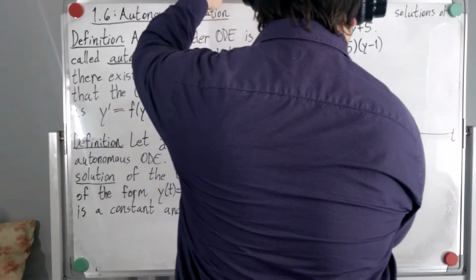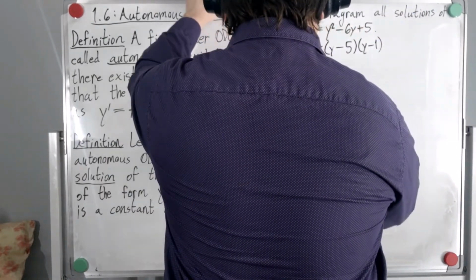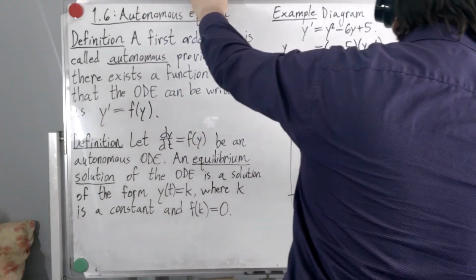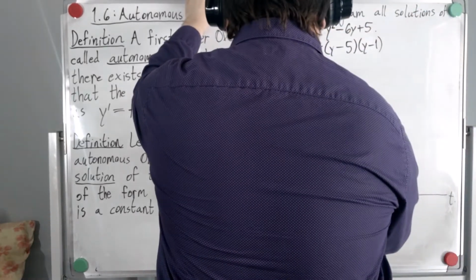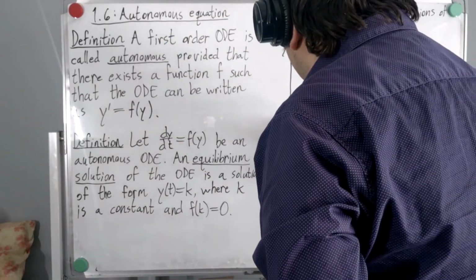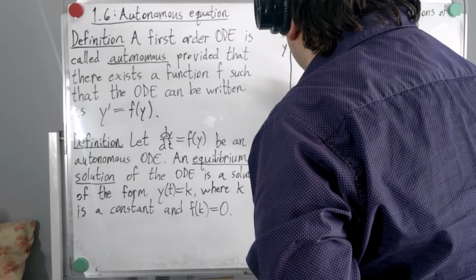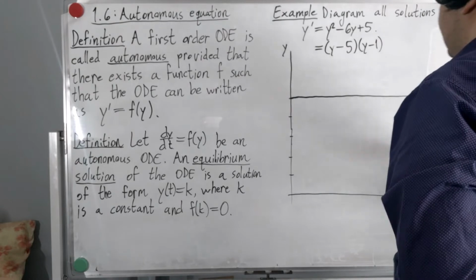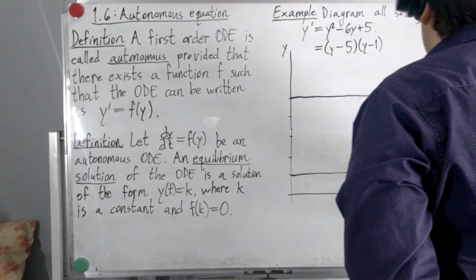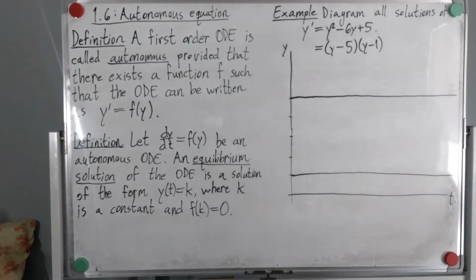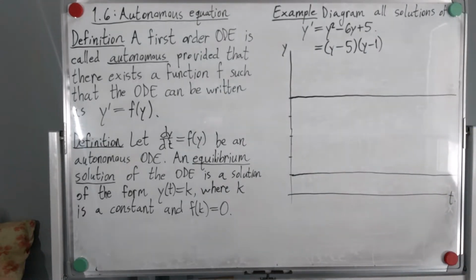So let's indicate those on our graph. Here's the t-axis. 1 we'll say is like right here, then 2 will be here, 3, 4, and 5. So we have y equals 5 and y equals 1 as two solutions, equilibrium solutions, therefore constant solutions, therefore just horizontal lines.